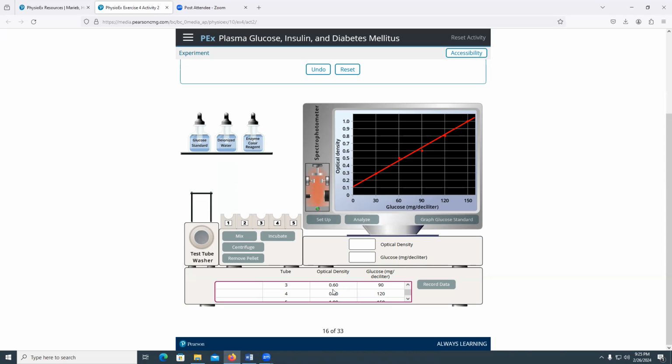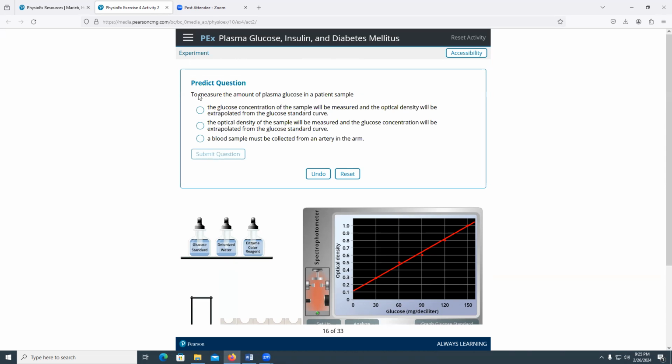So I used my optical density to extrapolate how much the blood sugar of the patient is, because I already had a curve. So that's what I'll be doing in experiment number 2.